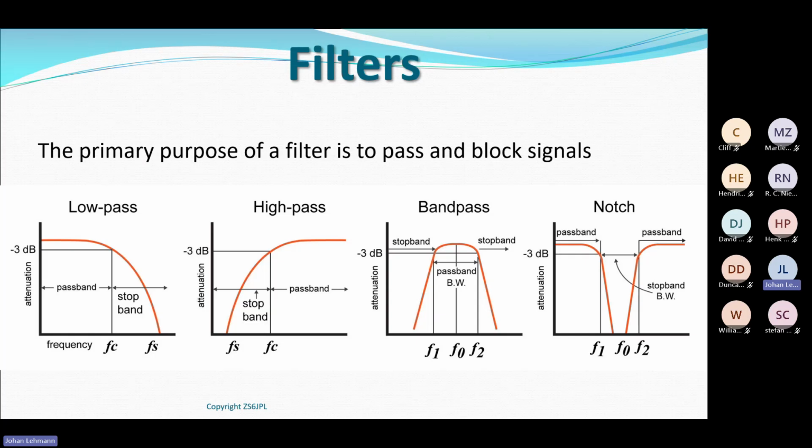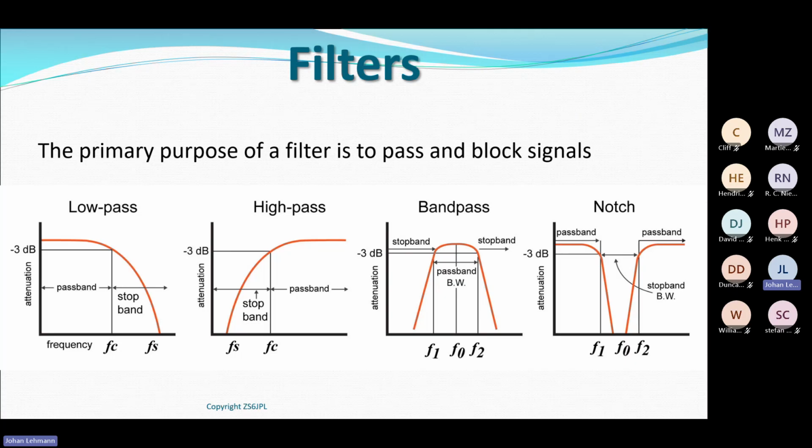So any frequency lower than FC is passed by the filter, and everything over FC is attenuated or blocked or stopped. High pass is obviously just the opposite. Anything below our selected design frequency is stopped, and everything over the design frequency is passed.